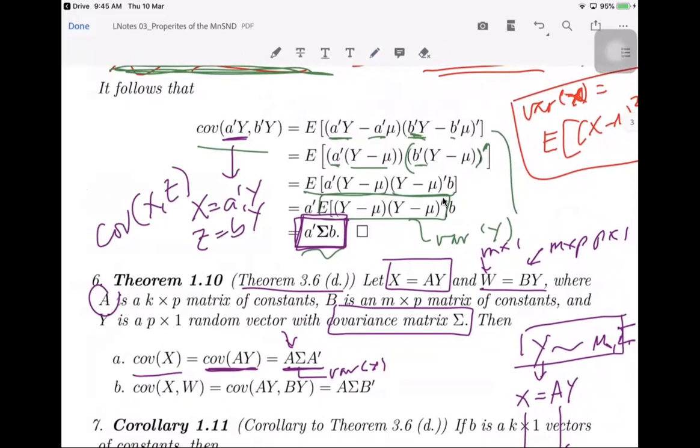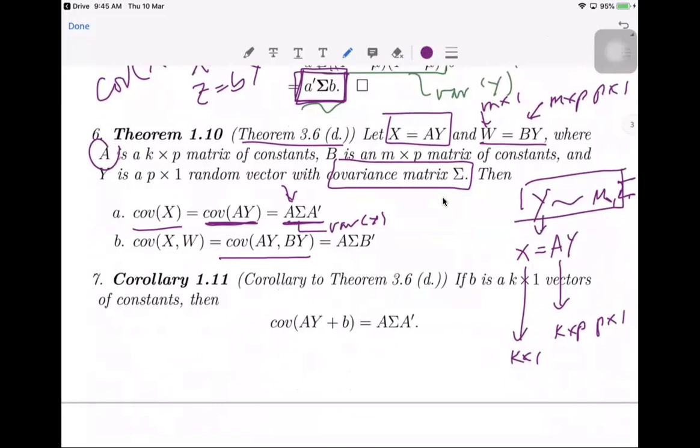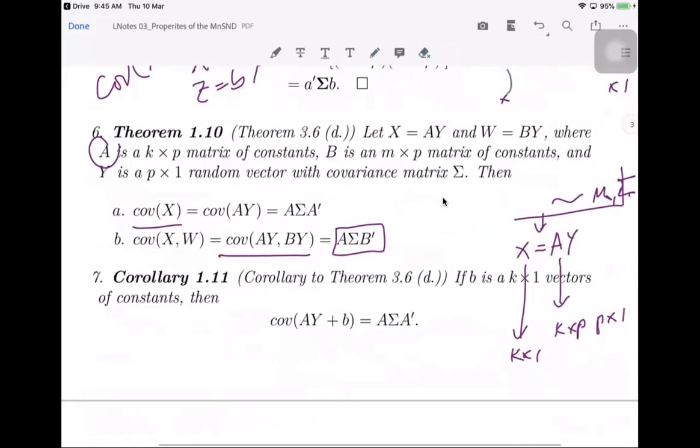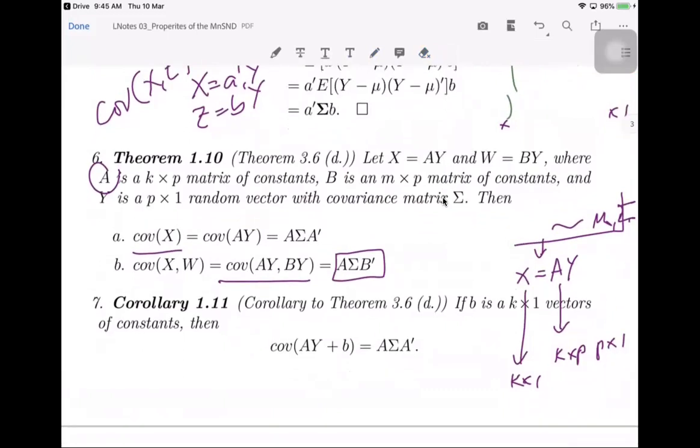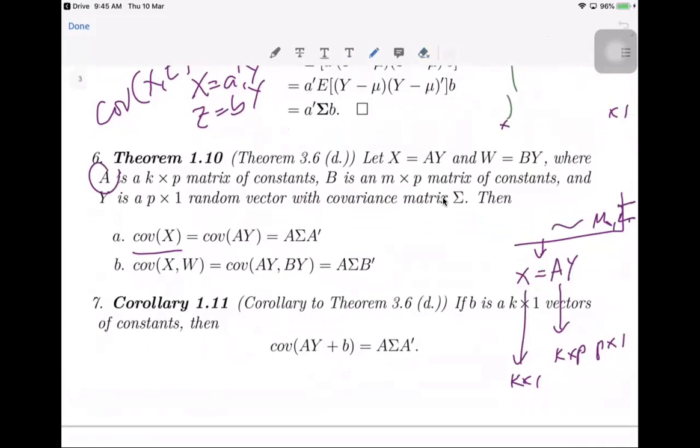This is a vector of constants, but this time this will be a matrix of constants. So similarly, you have more or less the same result, except that, look at the difference. What's the difference? When the transformation on your random variable is pre-multiplied by a vector A prime, it is A prime sigma A, if it is the same vector.